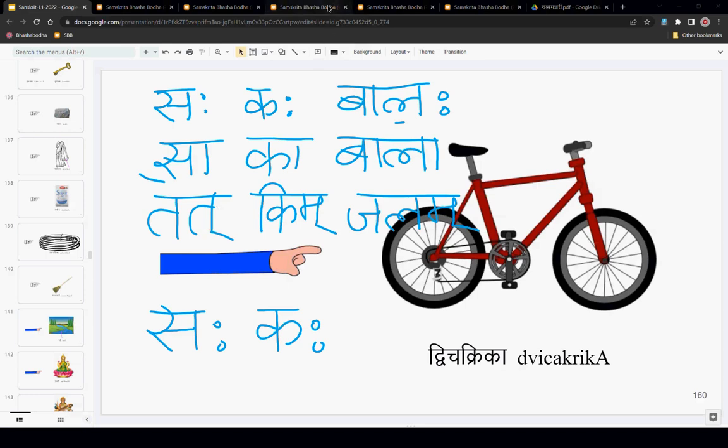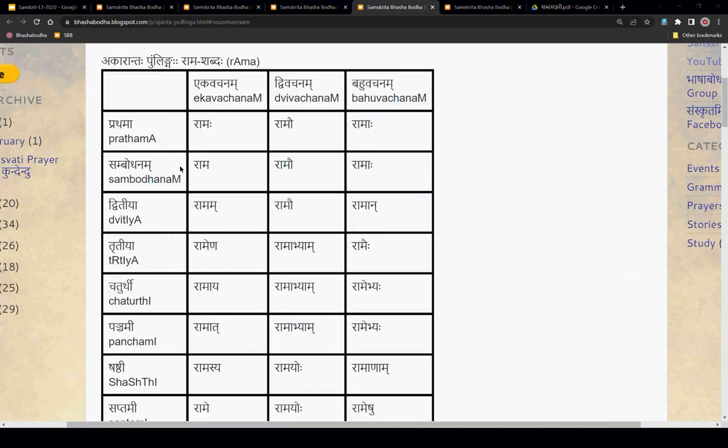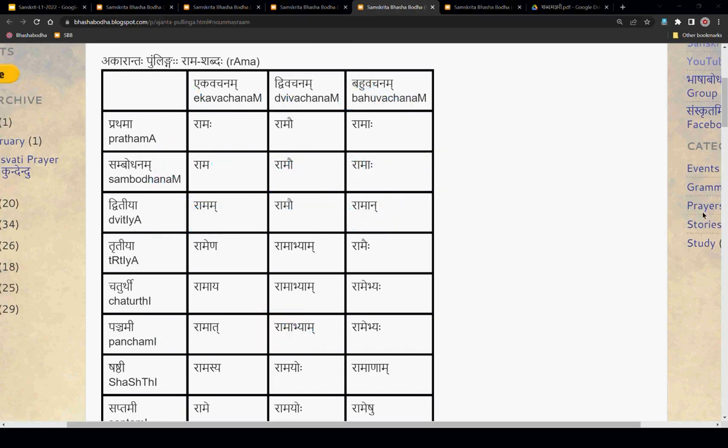Vibhakti, what we saw: Prathama, Ditya, these are vibhakti names or case numbers. Prathama 1, Ditya 2. When we use an adjective, visheshanam, to a noun, that adjective has to be in the same vachanam, which is shown here on the top, and also lingam and case, vibhakti.